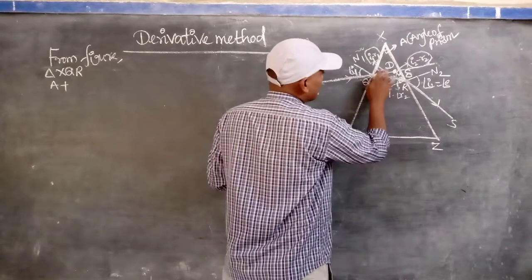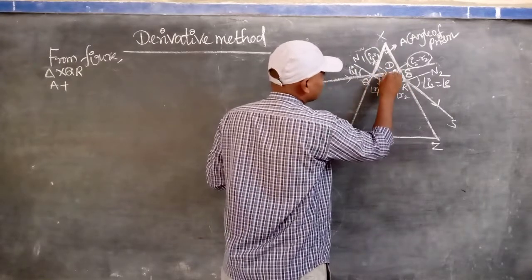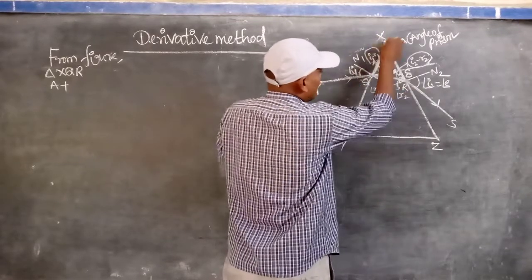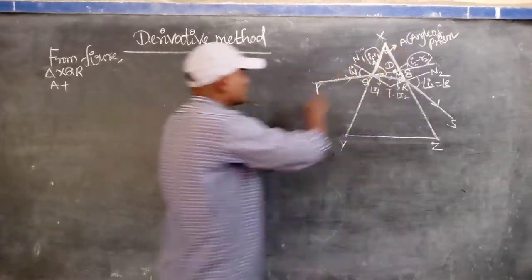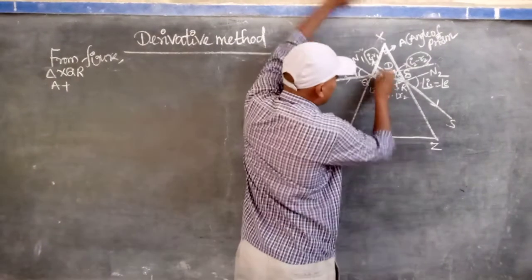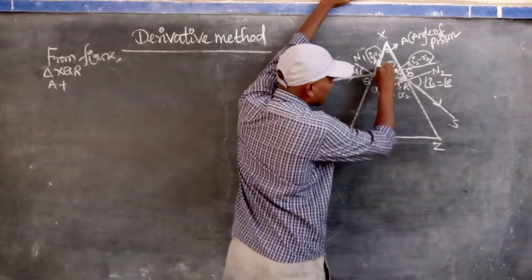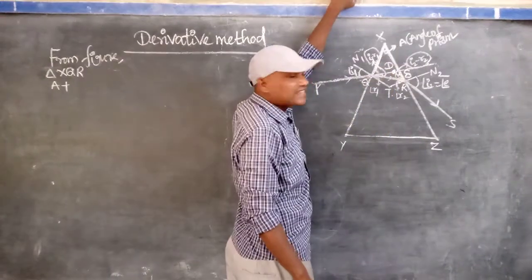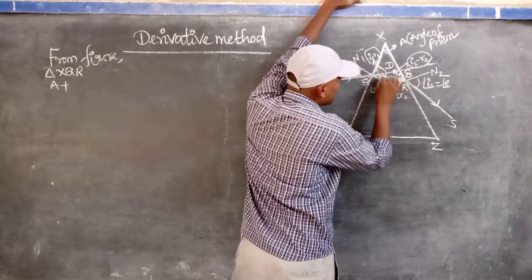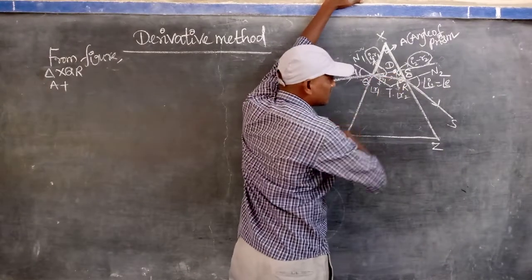Now what is our value in this one? XQR is a triangular shape. Angle A is already given. Now what is this angle? We don't know. But we know this angle is R1.